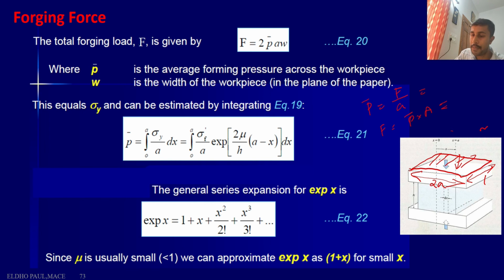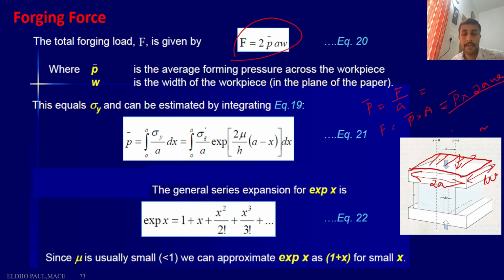So the force will be equal to P bar into area. From this onwards we also consider width W. So that is equal to P bar into 2A into W. So that is this formula: P bar into 2AW.